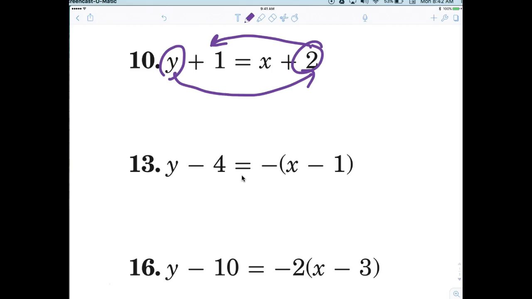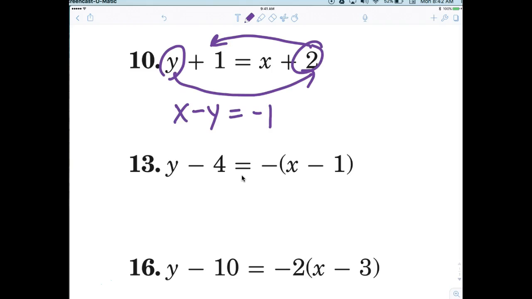If I move y from the left to the right, the y becomes what? So x minus y equals. Now if I move the 2 from the right to the left, it becomes 1 minus 2. What's 1 minus 2? This requires some good mental math. If you're not seeing it, I need to walk you through it.